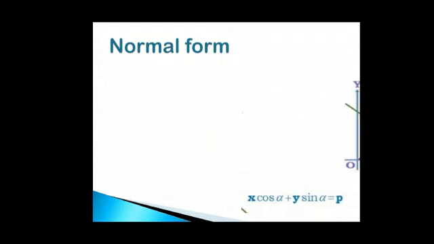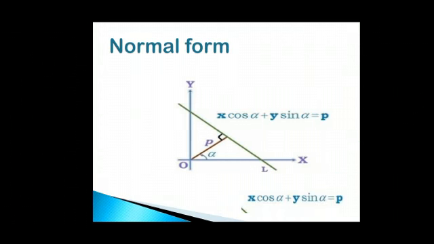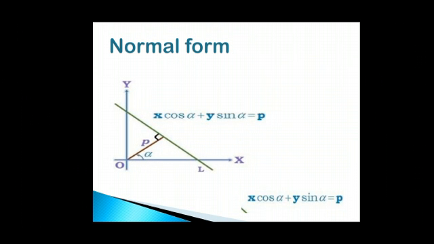The normal form of the equation is given by x cos alpha plus y sin alpha is equal to p, where you can very clearly see in the diagram that p is the perpendicular distance of the line from the origin and alpha is the angle made by the normal to the given line.